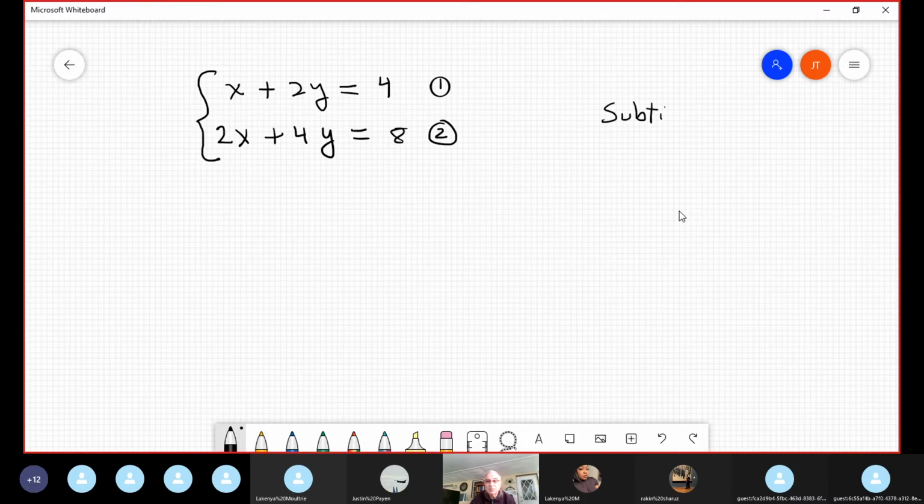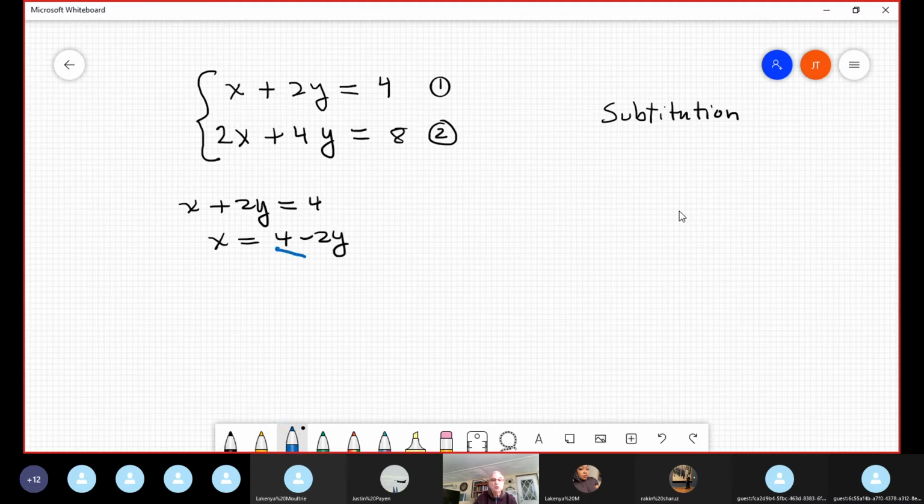Why? Because I can see, using my eyes, that we have coefficient 1 here. If no coefficient is 1, suppose that it is 4 here, substitution is not good. But in this case, 1. Nice. So I take equation number 1, I solve for the variable that contains coefficient 1, that is x.